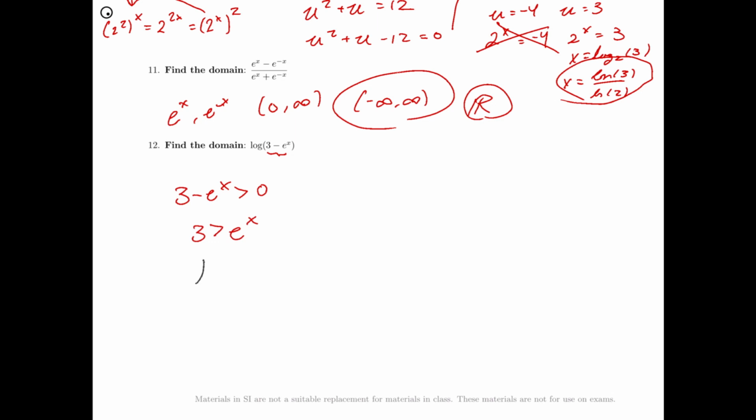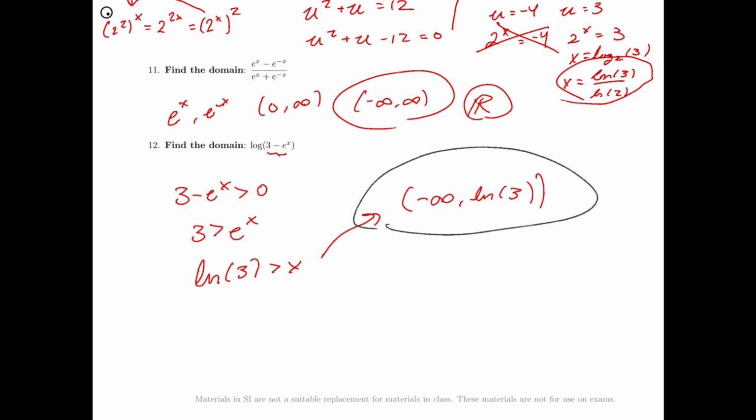And then I can just take the natural log of both sides. And so I want to interpret this into interval notation. And again, this is getting used to the idea that natural log of e is just a number. So I can write out this interval as just negative infinity up to natural log of 3. And then that is the domain of that problem.